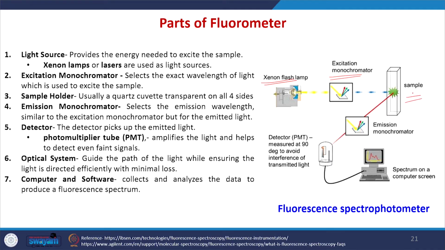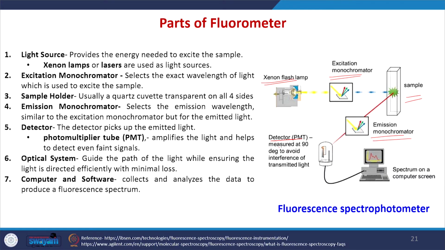Usually we use a quartz cuvette, transparent on all four sides. And we have the emission monochromator that selects the emission wavelength, similar to the excitation monochromator, but for the emitted light. Then we have the PMT detector, that is a photomultiplier tube, which can amplify the light and helps to detect even faint signals.